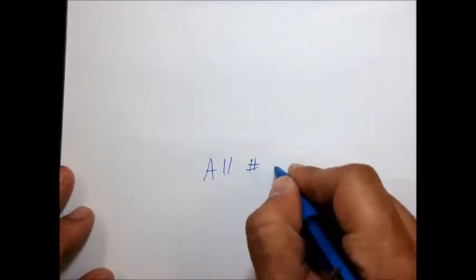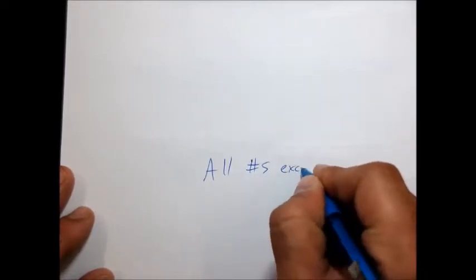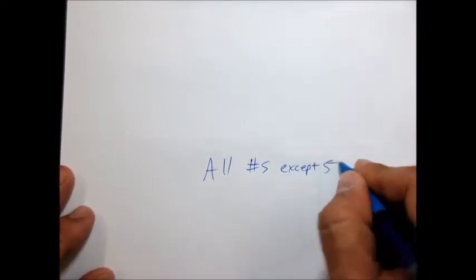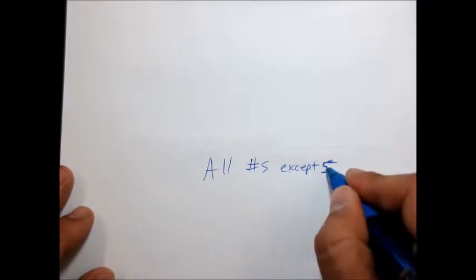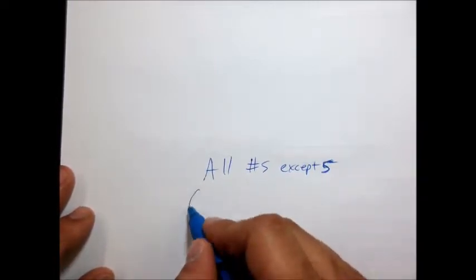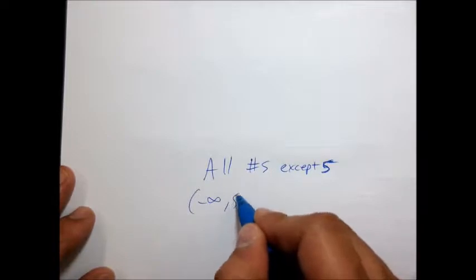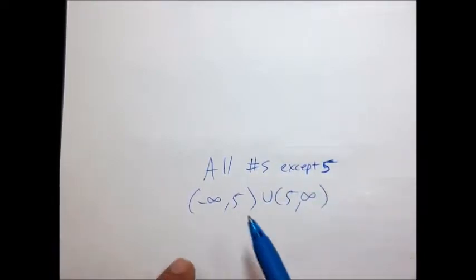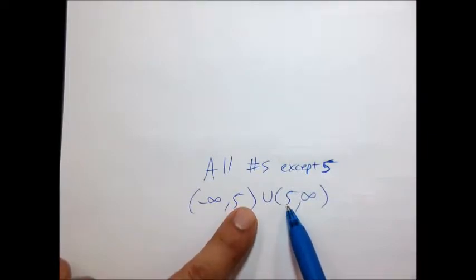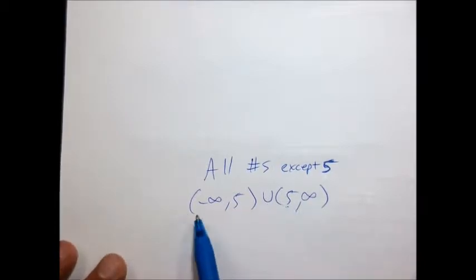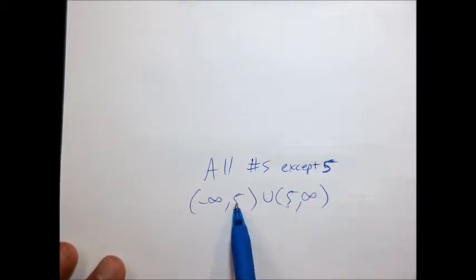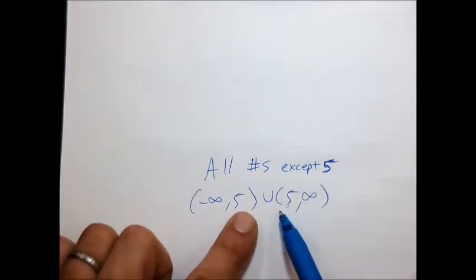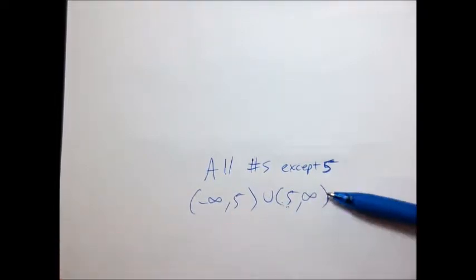So if we want to write down all numbers except, say, 5, that would be minus infinity to 5, union 5 to infinity. Because we're skipping over 5 by putting parentheses around it, right? So this is every number less than 5, and this is every number greater than 5, and 5 itself is not in either of those 2 sets. And so this would be every number except 5.